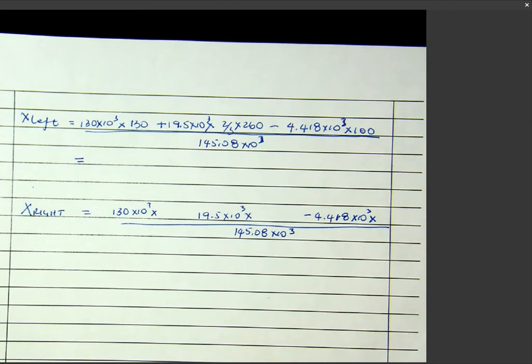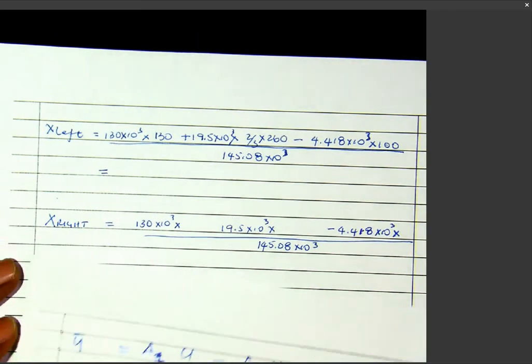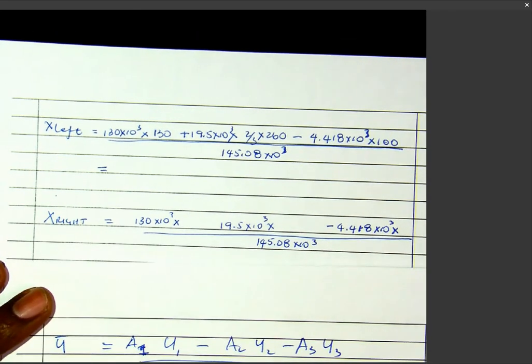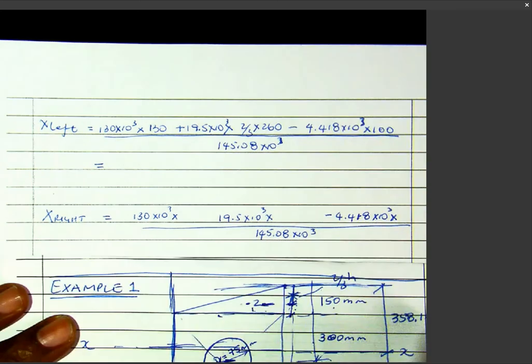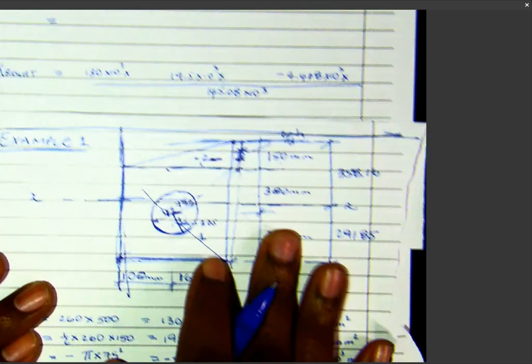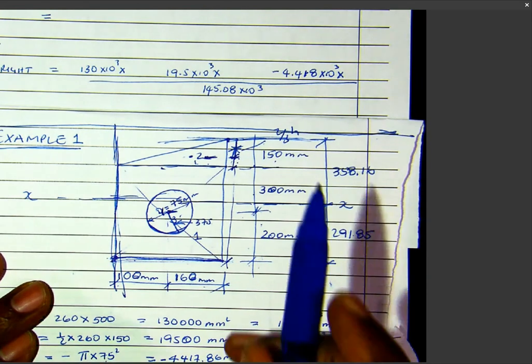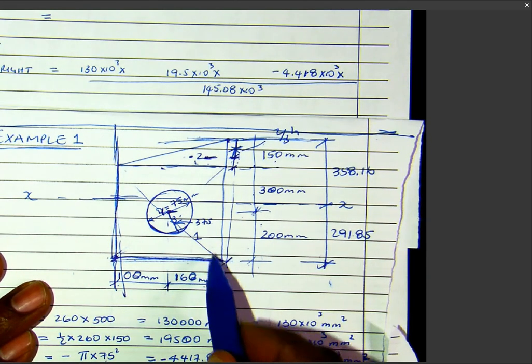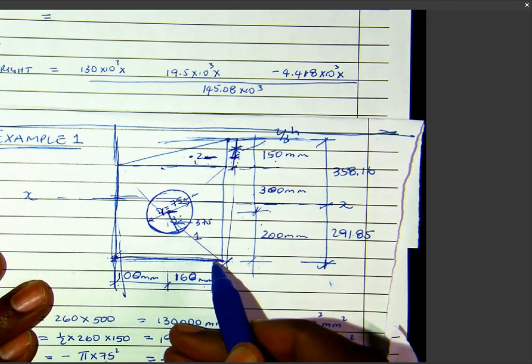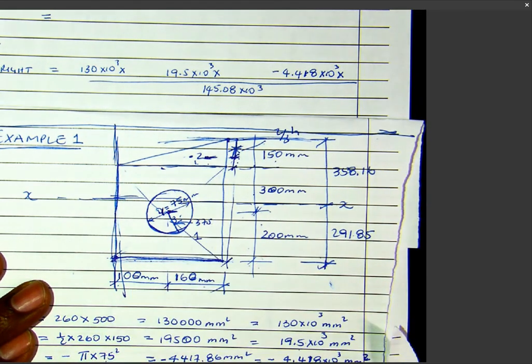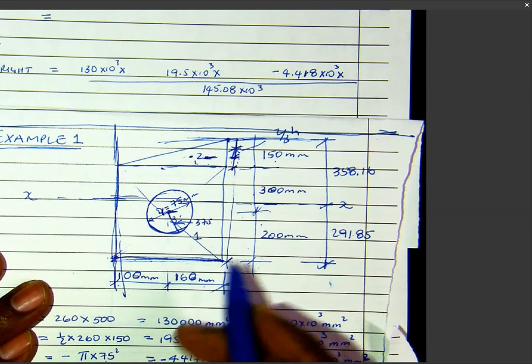Okay, now I'm working x right, meaning I'm coming from the right hand side now. So the distance from the right to the center of area 1, there's area 1, remember? The distance from right to center of area 1 is still the same because it's this dimension divided by 2.